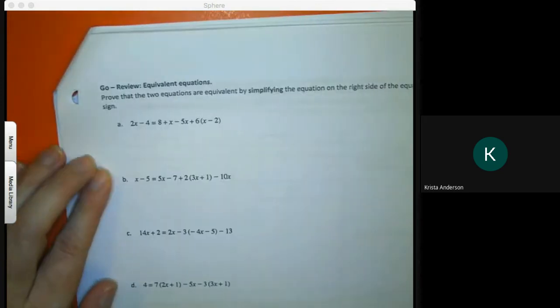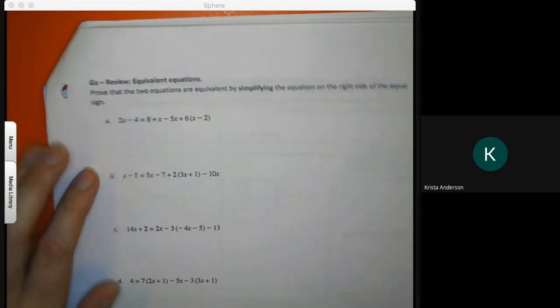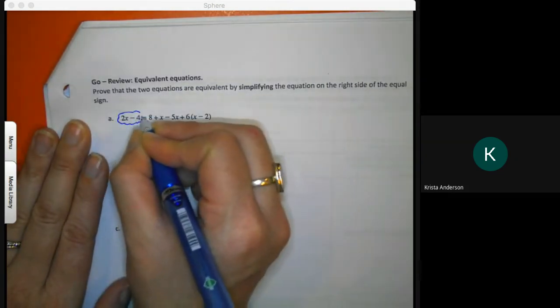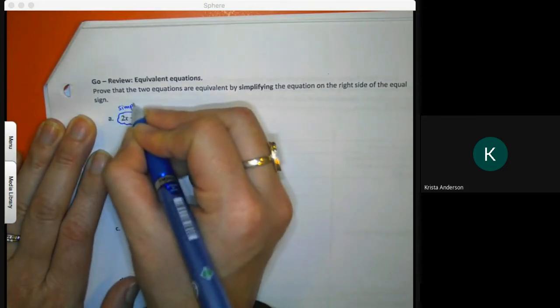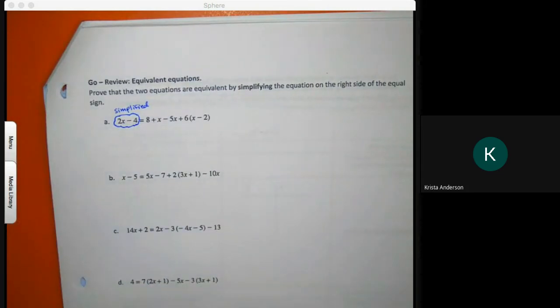It wants you to prove that the two equations are equivalent by simplifying the equation on the right. I was given 2x minus 4. This one is simplified. I can't simplify it anymore. But I can simplify the right.